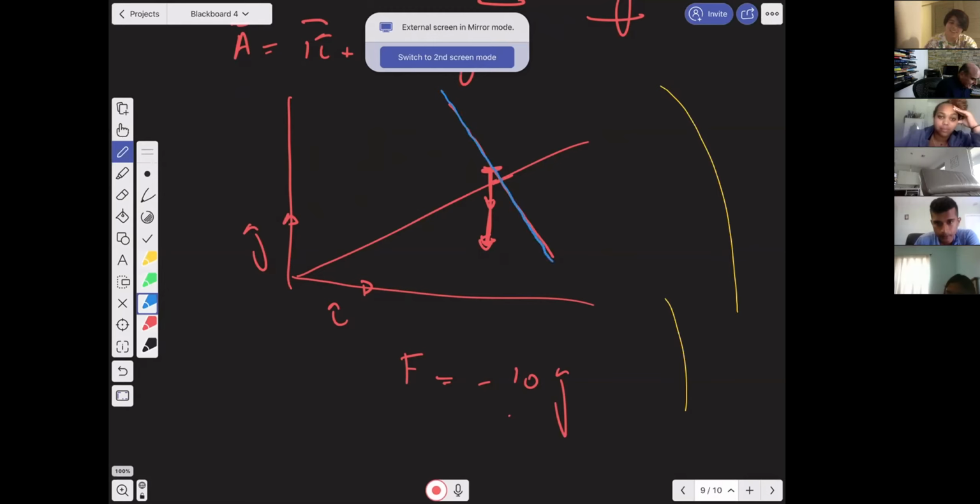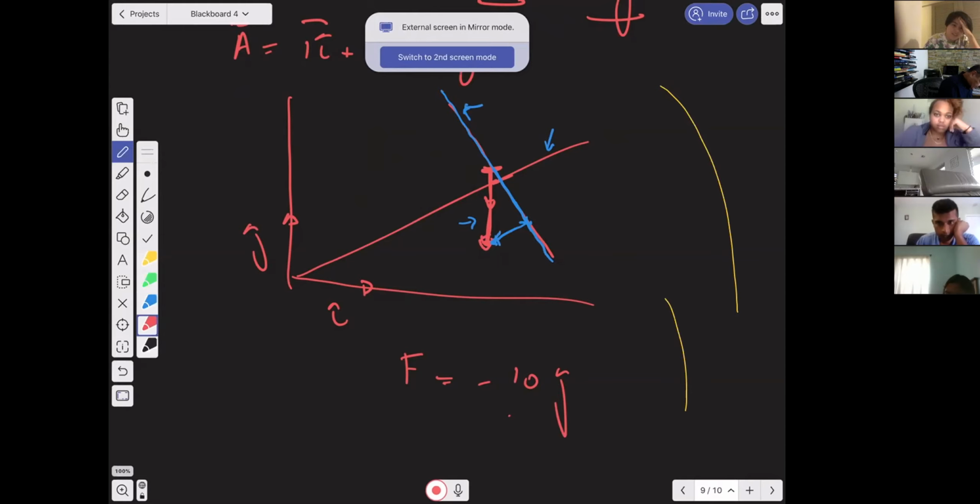Perpendicular to the plane, and you are going to create two vectors, one going on this line, and the other one going parallel to this line. Which are the two vectors that when I sum, you will get minus 10j? This vector until here, and now parallel to the plane until here.